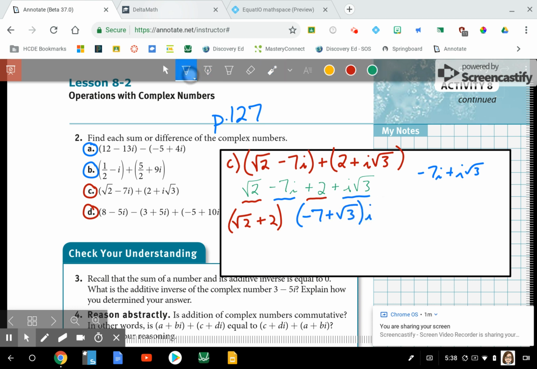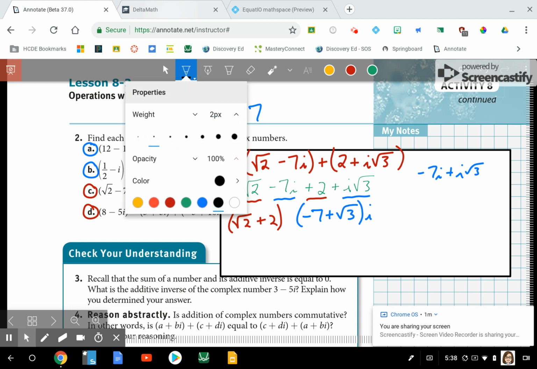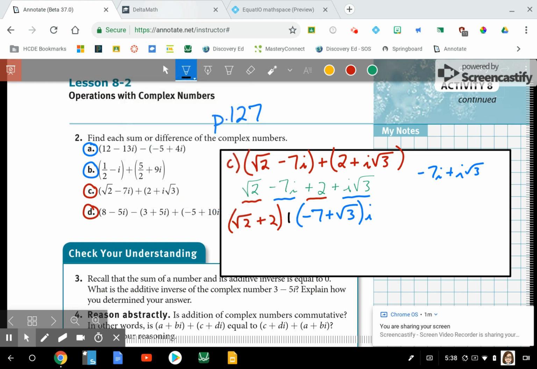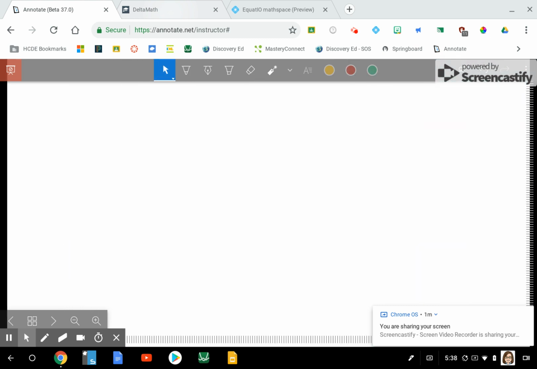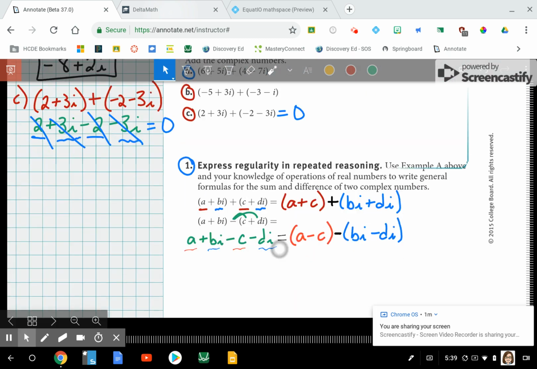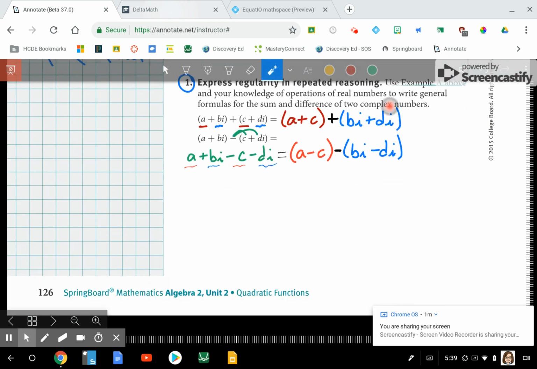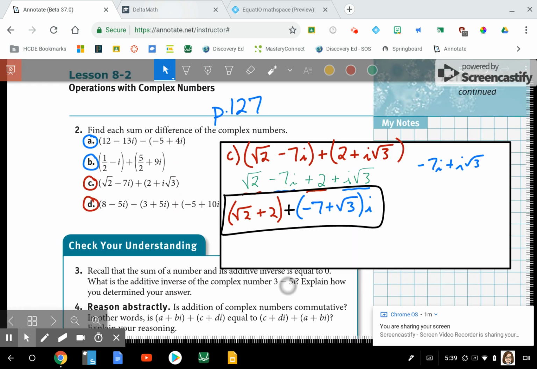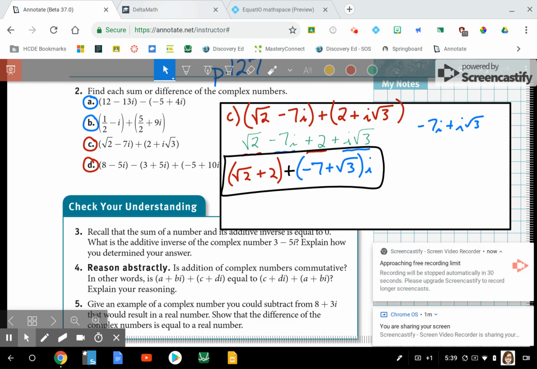And since we are adding these two together, we'll put a big plus sign here. So this looks a lot like that rule that we wrote just a second ago. If I go back, down here at the bottom, the equation that we just got looks a lot like these rules. Okay, so don't think that everything will combine nice and perfectly. Sometimes you will have things with square roots and things not combined.